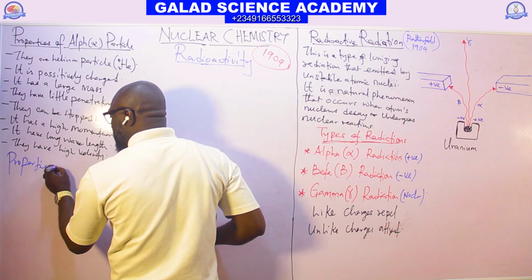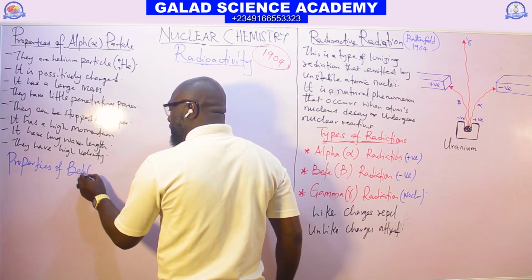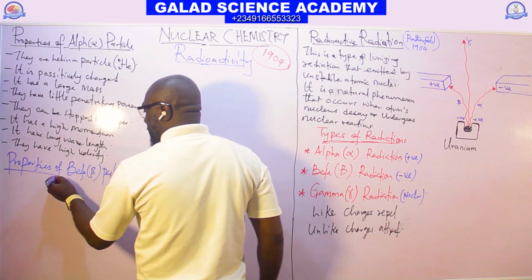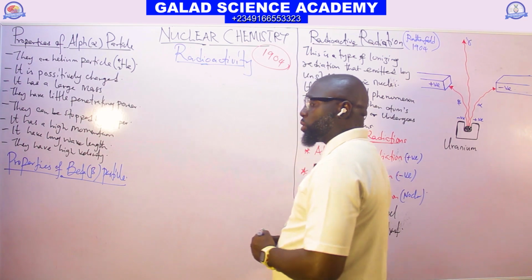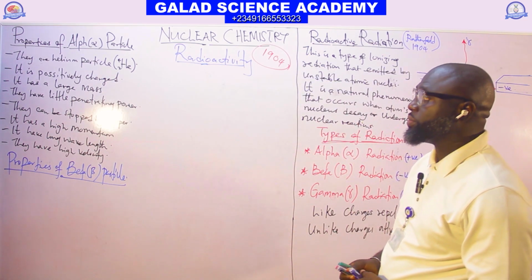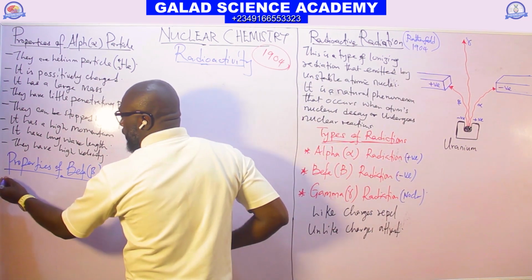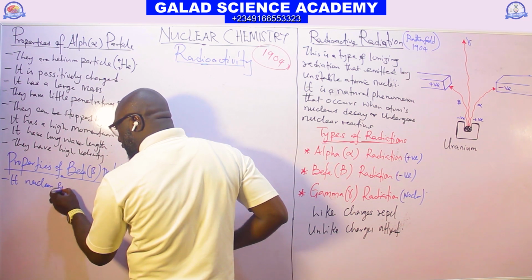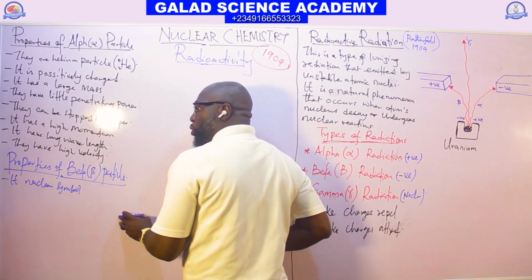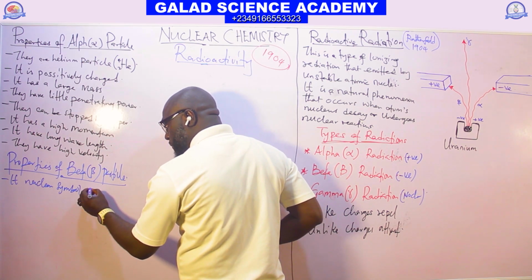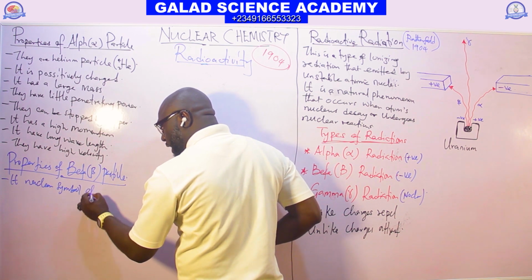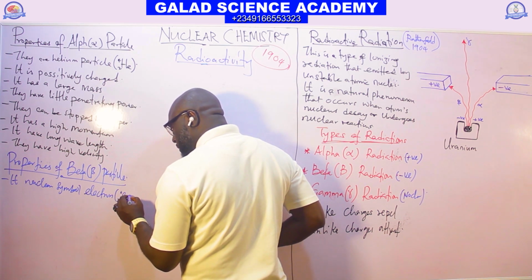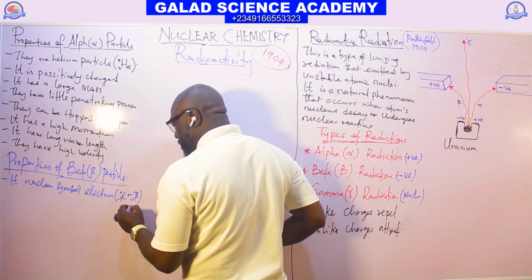Properties of the beta particle. If you are talking of the beta particle, its nuclear symbol is the electron, which is e with 0 minus 1, or you can write beta 0 minus 1.